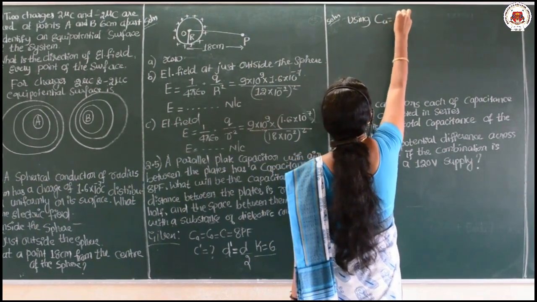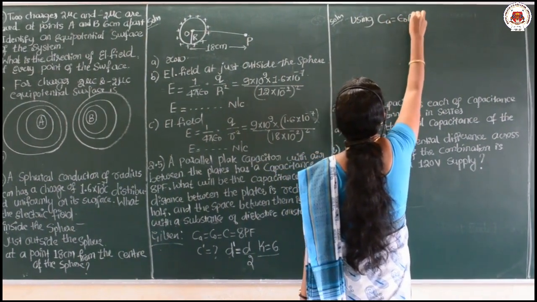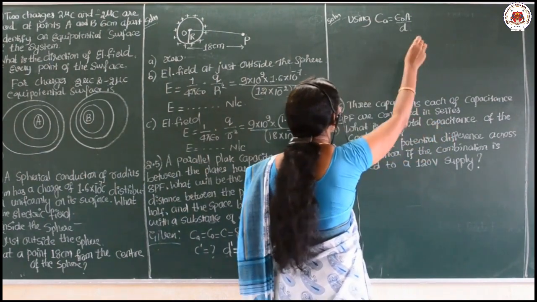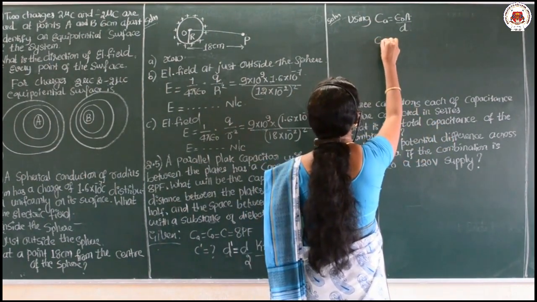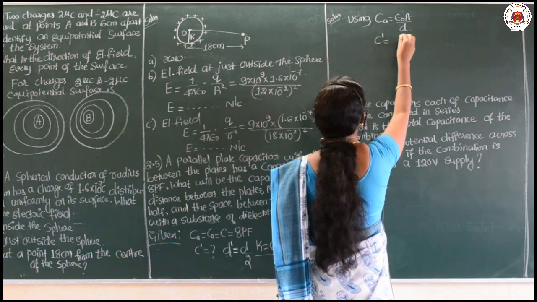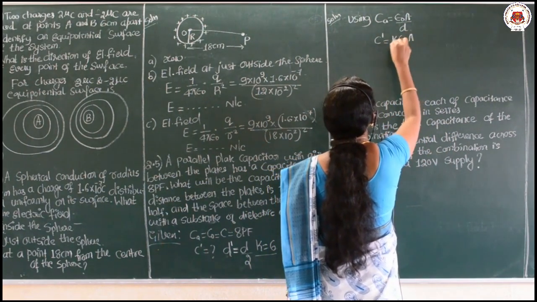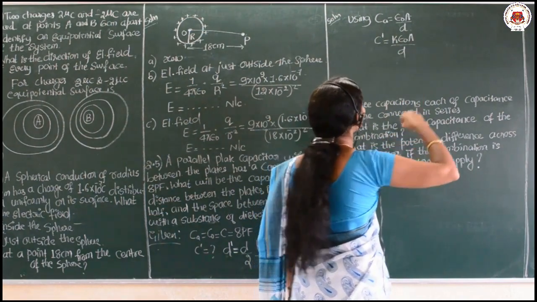Ca is equal to epsilon naught A upon d, okay. Then C dash is equal to K into epsilon naught A upon d.